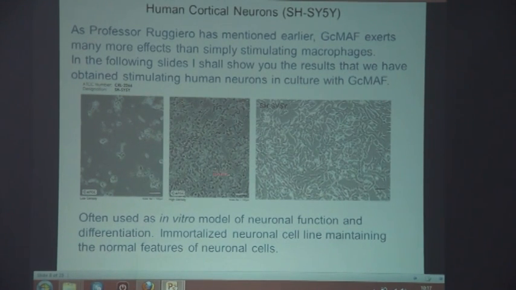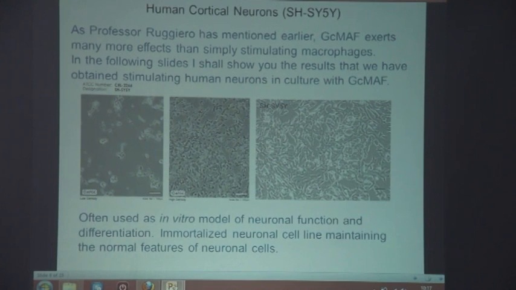Recently, we focused our attention on human cortical neurons. As Professor Ruggero has mentioned earlier, GcMAF has many more effects than simply stimulating macrophages. In the following slides, I shall show you the results that we have obtained stimulating human neurons in culture with GcMAF.